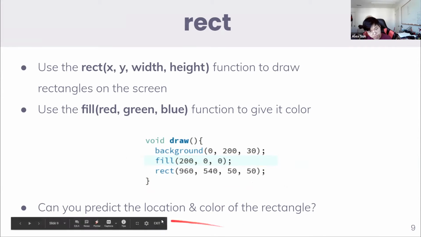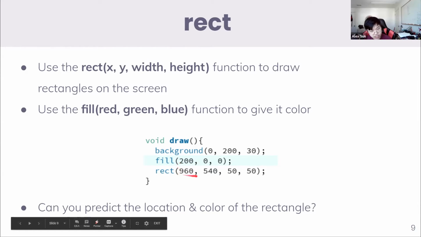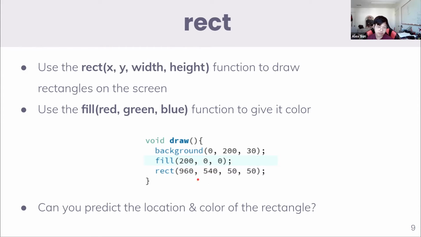All right. So just remember our canvas size is 1920 by 1080. 960 is 1/2 of 1920 and 540 is 1/2 of 1080, if that helps. If anyone would like to answer, or if you have questions, please ask.